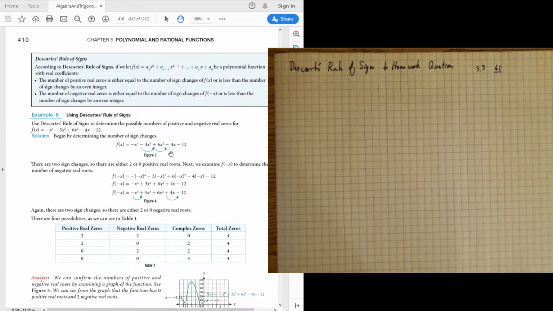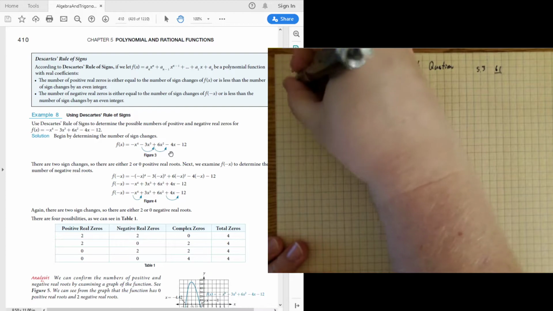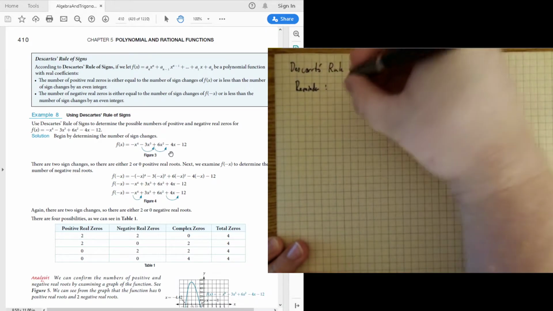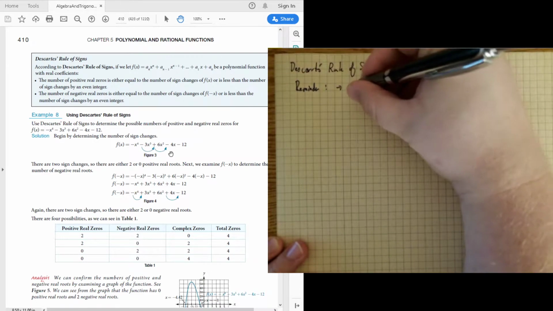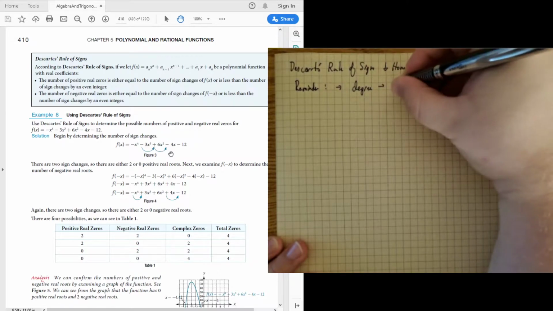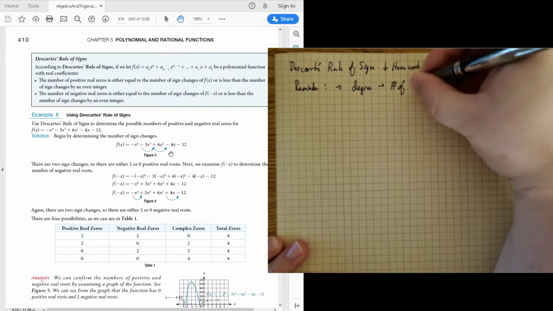Descartes' rule of signs is a concept that states that you can perform a very simple test to determine the positive and negative possible solutions. As a reminder from last time, we learned through one of our theorems that the degree indicates the number of solutions.